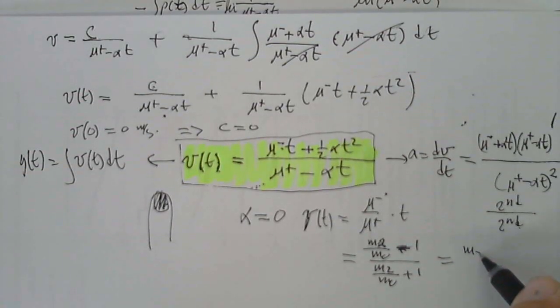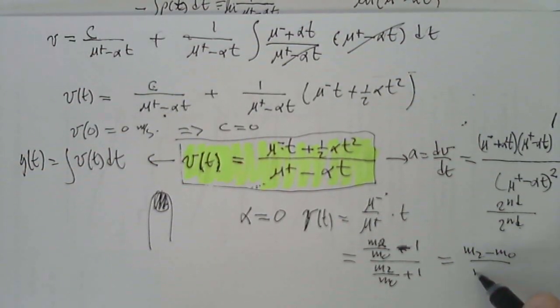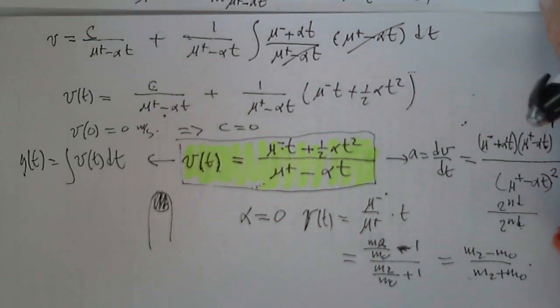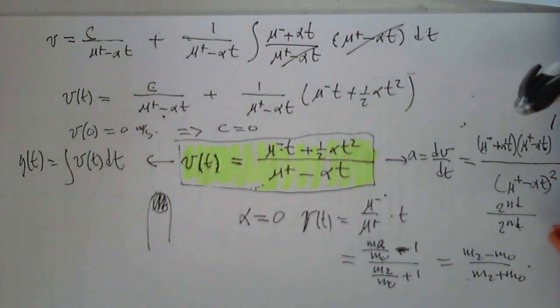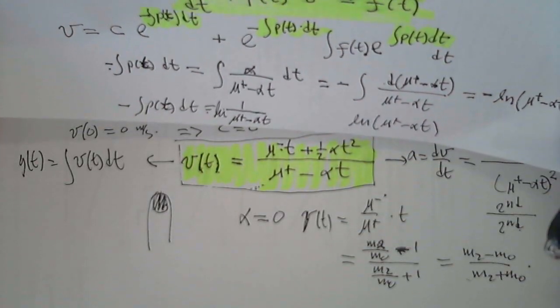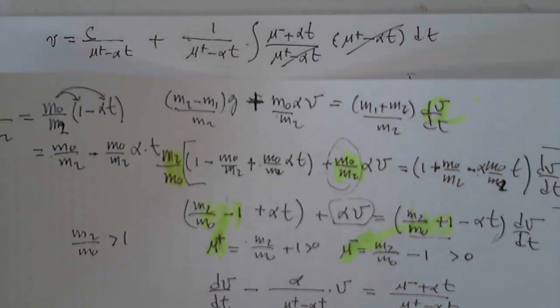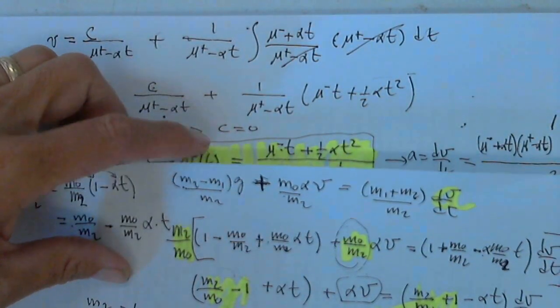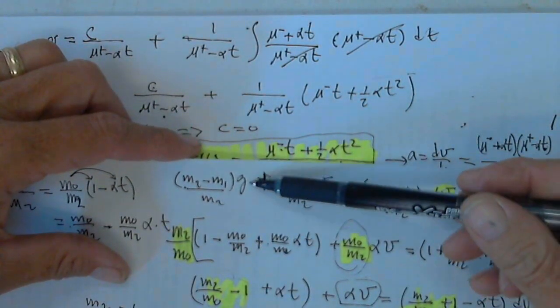This can be written like this: the sum of the masses times, I forgot g somewhere. Let me see, I think I forgot the value of g. You see this value of g over here.